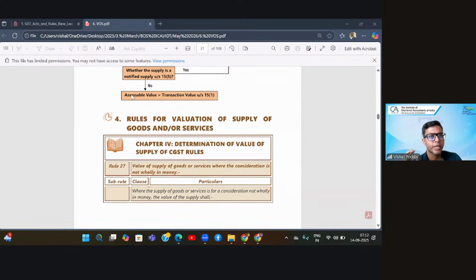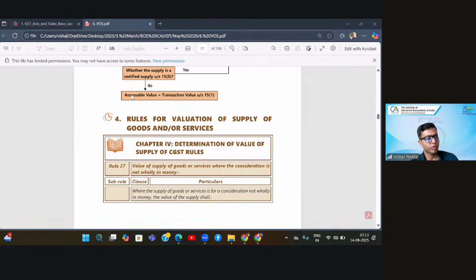Clause C simply says if there is any additional amount which the supplier charges to the buyer, and that is a part of this supply, and it may be done either before or at the time of supply. So in short, for the purpose of completing the supply, whatever additional expenses, whatever additional cost the supplier is charging, that is to be added in the value as per clause C, and this has to be read in accordance with the concept of composite supply.